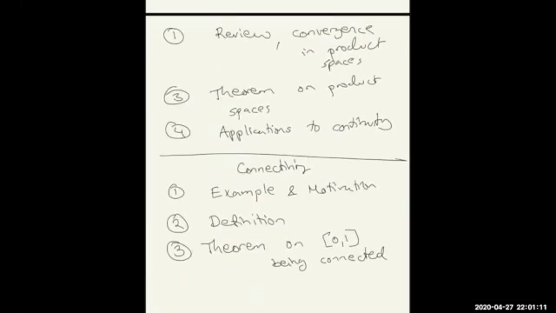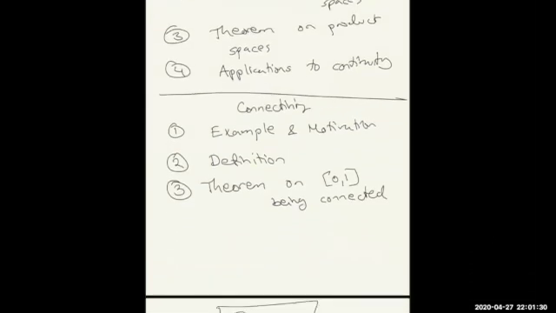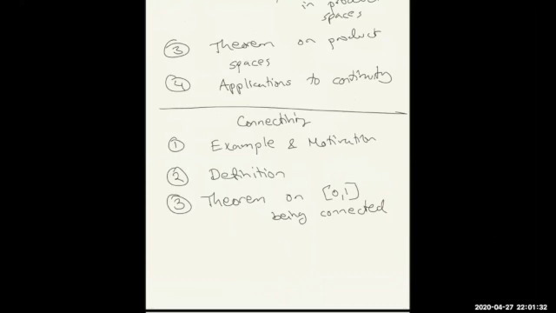Just to give you a little heads up of what we'll do, we'll start kind of slow, review a little bit what we said on Friday, and prove a few statements there. Then we'll state a theorem about continuity in product spaces, and then we'll give an application of that to showing that various things are continuous.